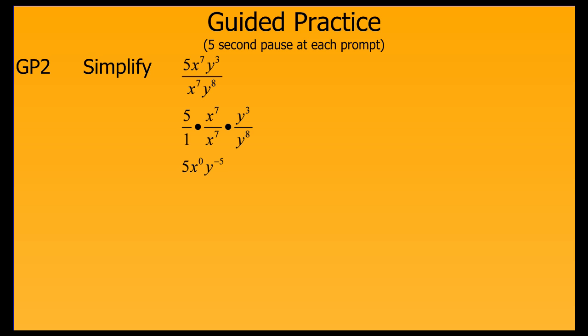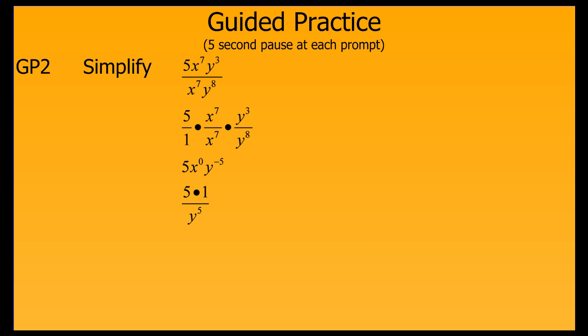We use our properties to simplify, getting x to the 0 and y to the negative 5th. Now what? We know anything to the 0 power is 1, and we know that we can move a negative exponent to the denominator and make it positive, so we get this, 5 times 1 in the numerator and y to the positive 5 in the denominator.